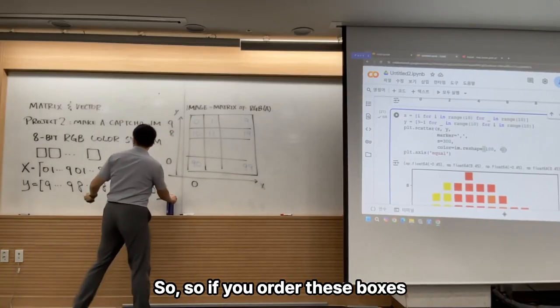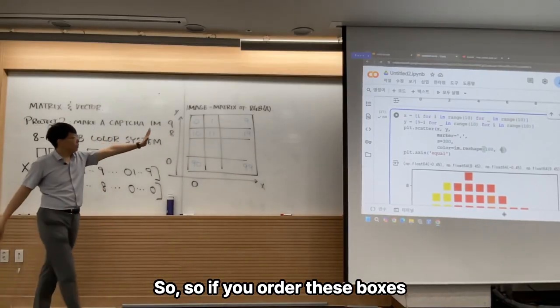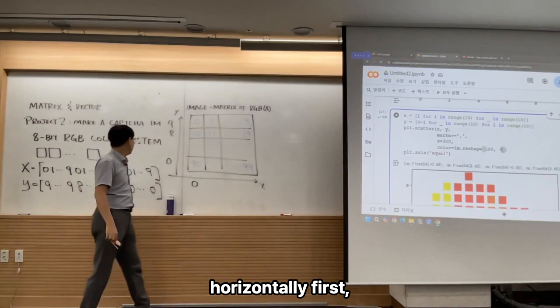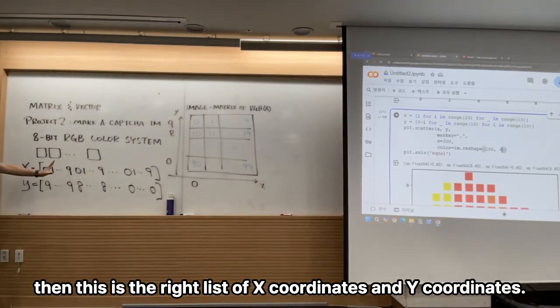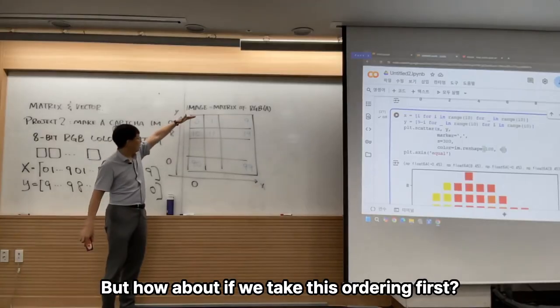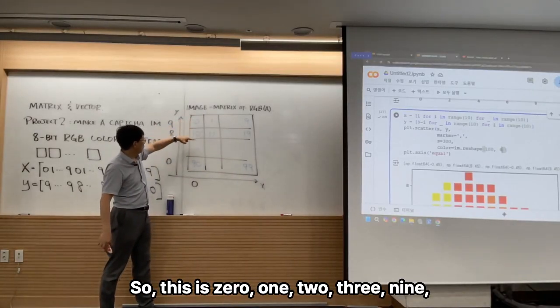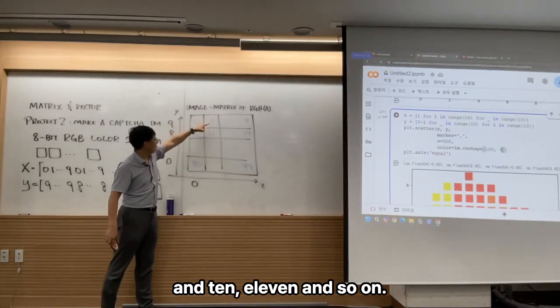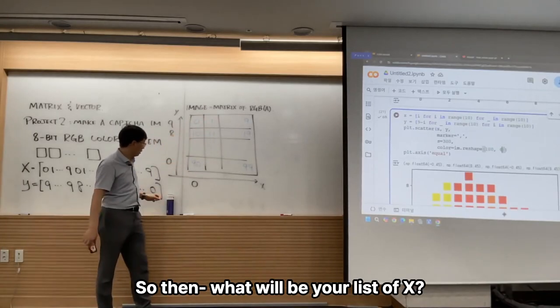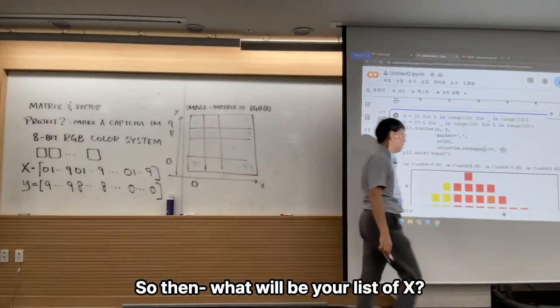If you order these boxes horizontally first, then this is the right list of x coordinates and y coordinates. But how about if we take this ordering first? So this is 0, 1, 2, 3, 9, and 10, 11, and so on. Then what will be your list of x?